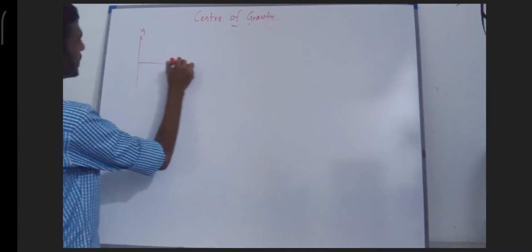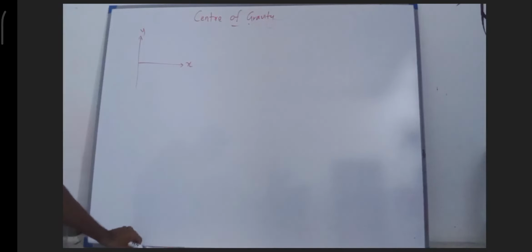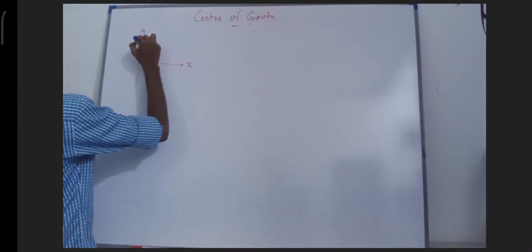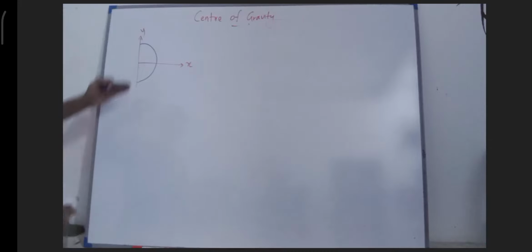Now let me take a coordinate axis. This is y and this is x. Now I am going to place the uniform semicircular wire on the coordinate axis like this, according to symmetry. So along the x-axis this wire is placed symmetrically.